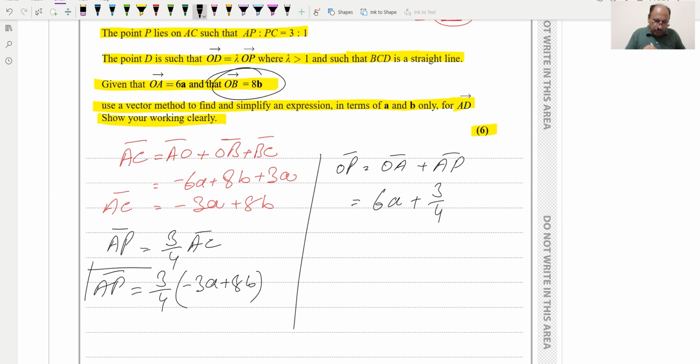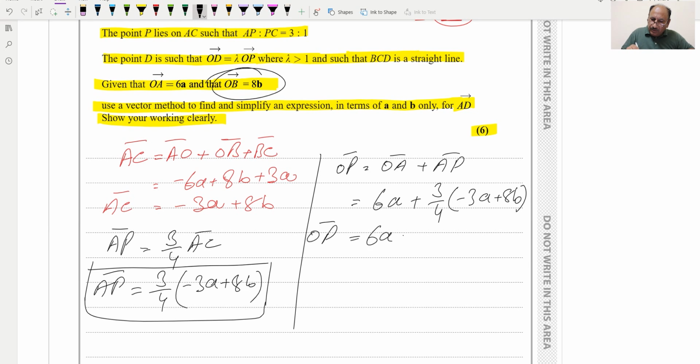We are using this AP value, and this is 3/4 of minus 3a plus 8b. Now we can open this, and this will be OP is equal to 6a plus minus, this will be 3 3s are 9/4a, and this will be plus, 4 will be cancelled with the 2, so it will be 6b.